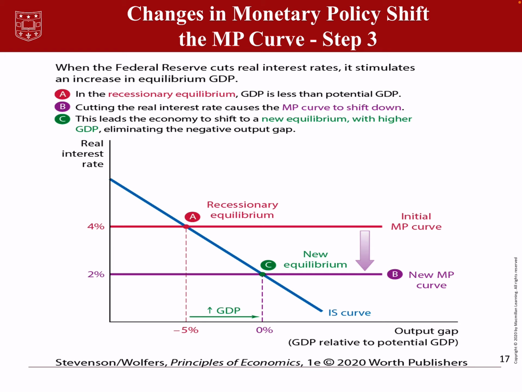The whole time that we were at point A, we have this protracted period in which output is below potential and unemployment is above the full employment unemployment rate. We talked about the costs of having unemployment, and in this instance we would be able to avoid those costs.